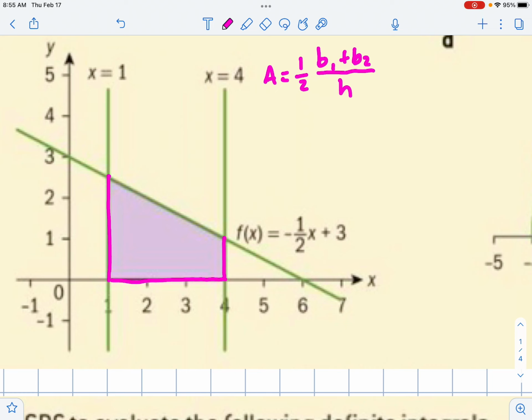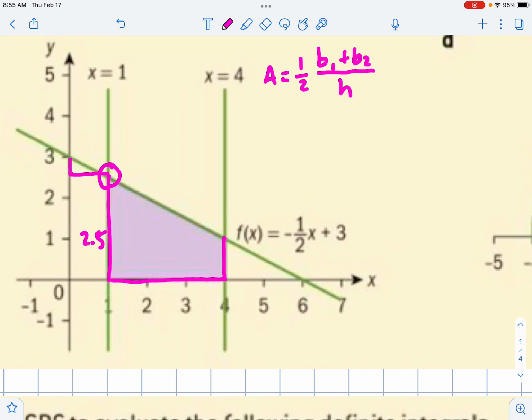What's tripping me out about this one is that I thought this point right here landed on a nice whole number, but it doesn't. Maybe we could use the slope. It goes down 1 over 2, so this would be down 1/2 over 1. Okay, using the slope, this would be 2.5.